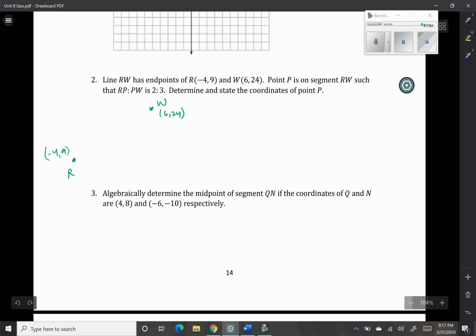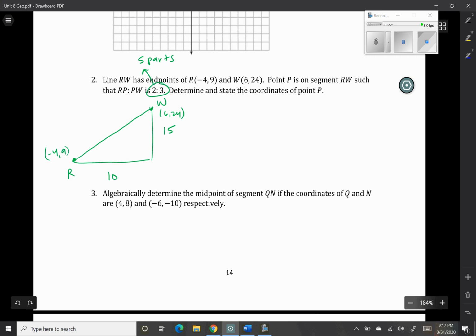So now we have to think, how do I get from R to W? I'm going to go to the right, and I'm going to go up. I'm going to go to the right 10, and I'm going to go up 15. -4 to +6 is a difference of 10. 9 to 24, that's a difference of 15. So now let's look at my ratio. My ratio is telling us I want to make 5 parts.